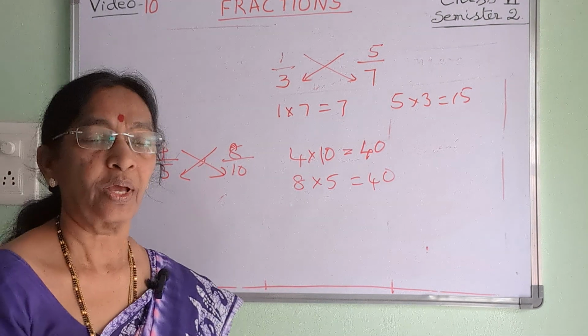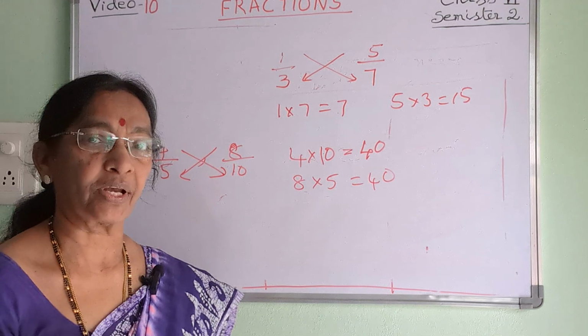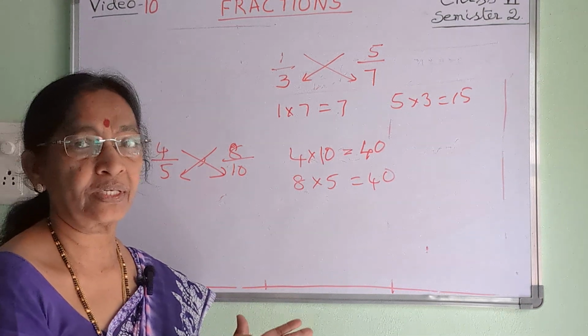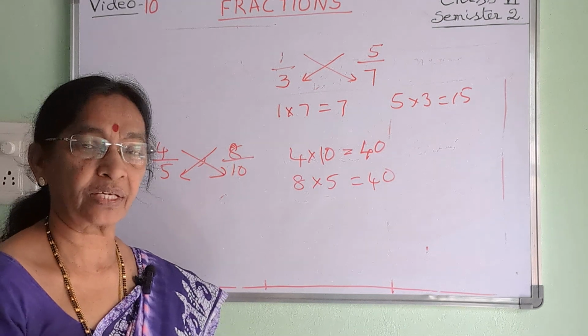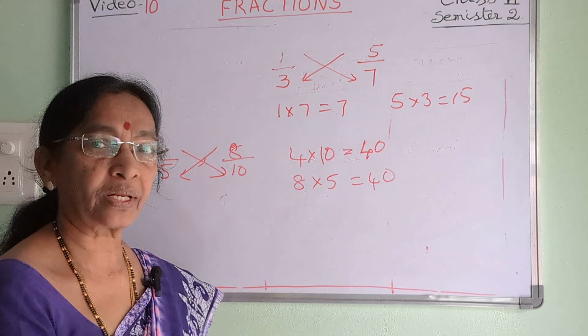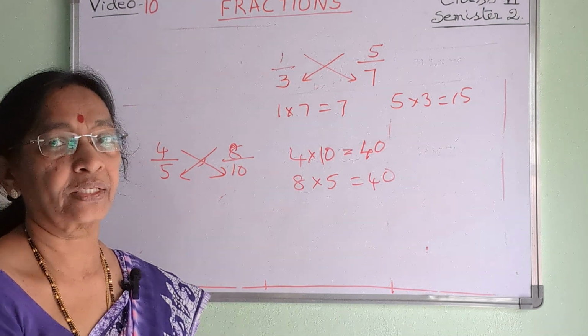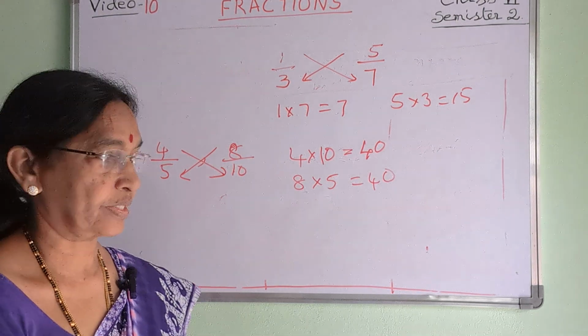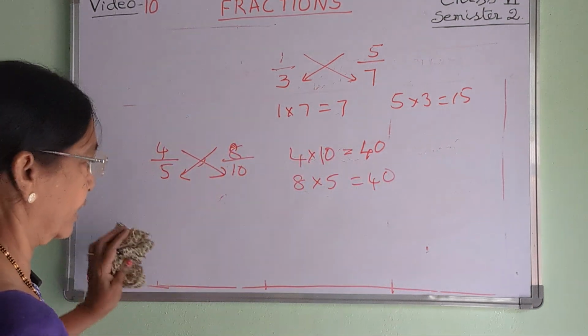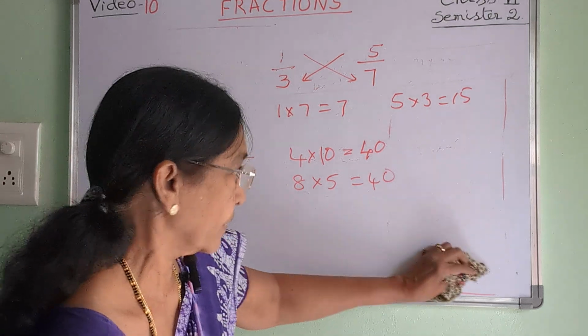So, if two fractions are equivalent, the product of the numerator of the first fraction and the denominator of the second fraction is equal to the product of the numerator of the second fraction and the denominator of the first fraction. So, using this rule, we can find a missing number like this.